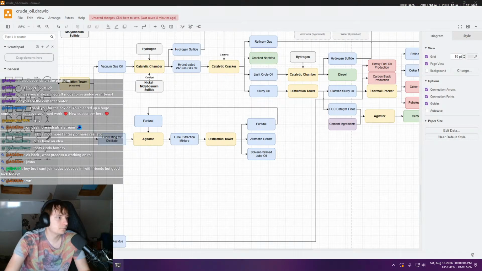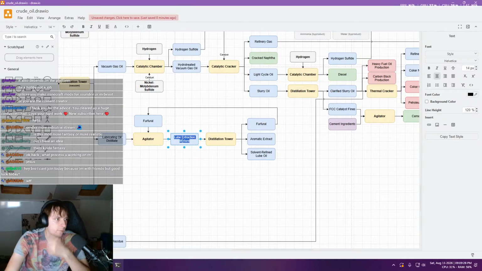I'm just thinking, do we try and figure out aromatic extract? He reckons a better name for this is just refined lube oil.